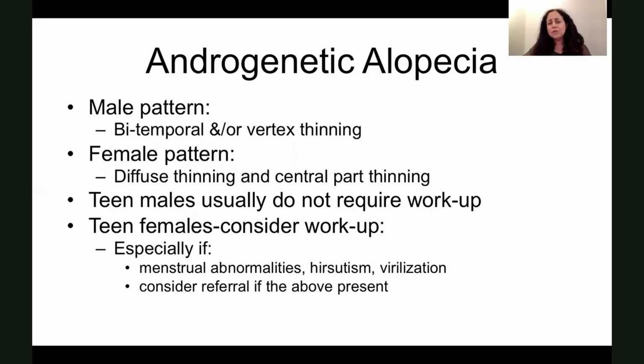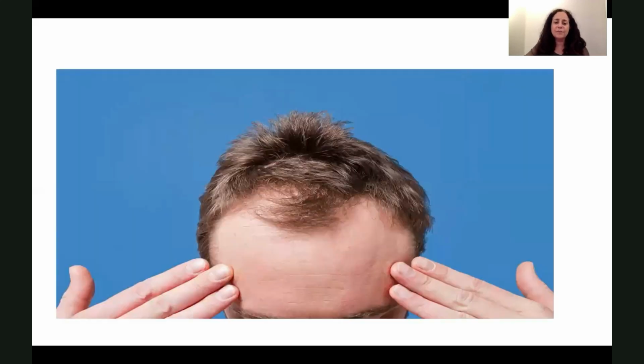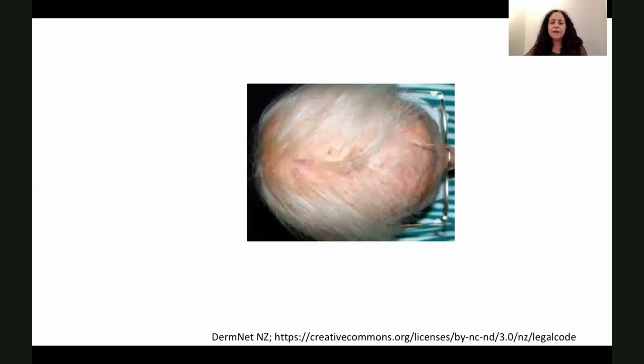Females may also not require workup, but if there's other suggestions of androgen or endocrinologic abnormalities such as menstrual irregularities, hirsutism, virilism, they may well need a workup or referral to endocrinology. And here we see the common bitemporal pattern in males. And this is an older woman with that prominent central thinning, but it can occur in younger females as well.